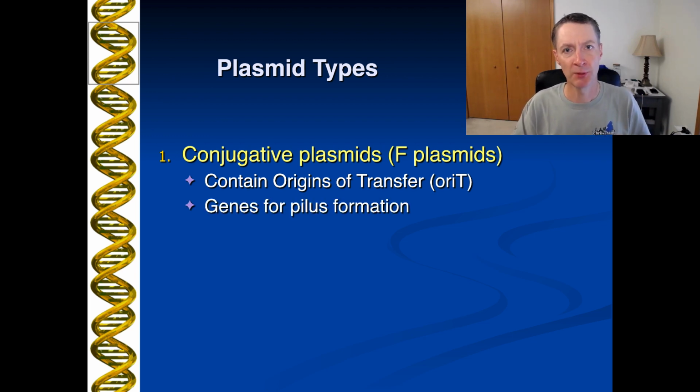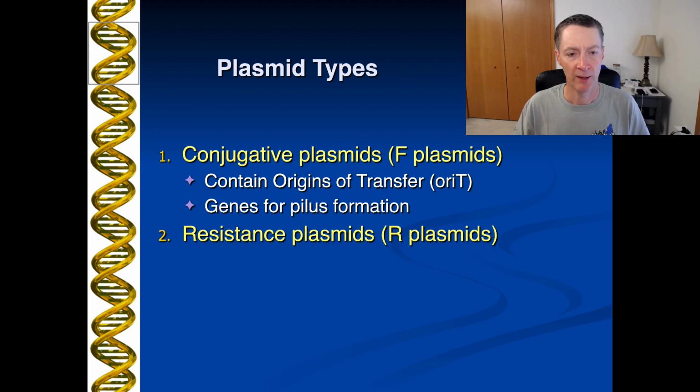Also, these particular plasmids have the gene for the pilus. So not only would a cell receiving this plasmid become fertile, become itself a conjugative cell and have a conjugative plasmid, but it would then be able to make the pilus and pass the plasmid on to other cells. All right, so we have that F plasmid, fertility plasmid, or conjugative plasmid.